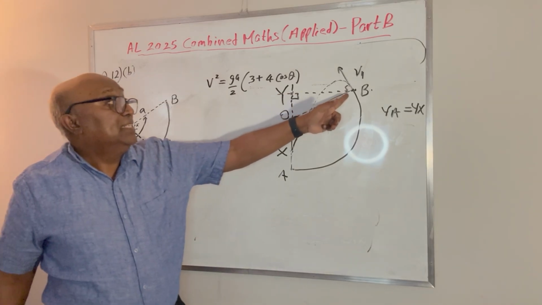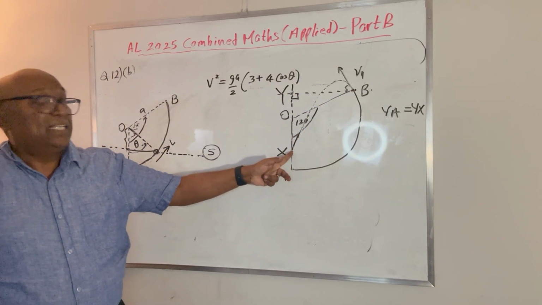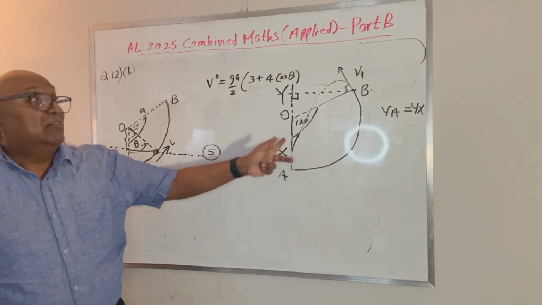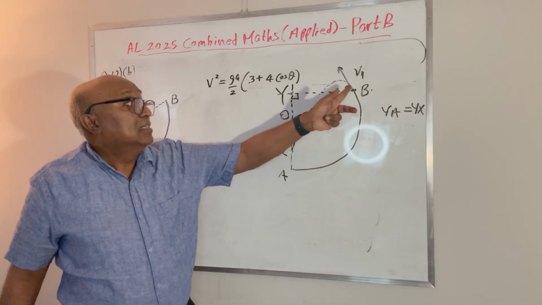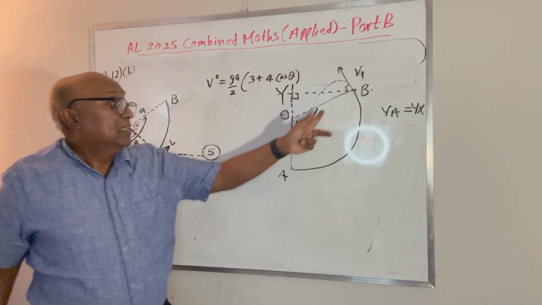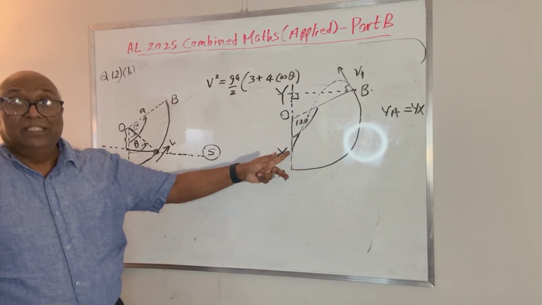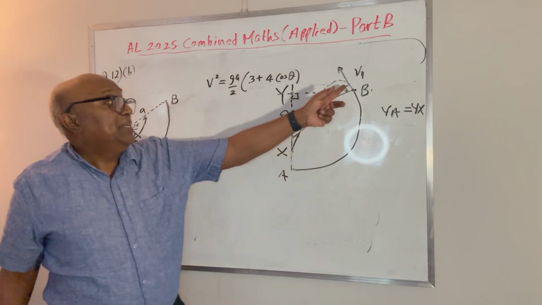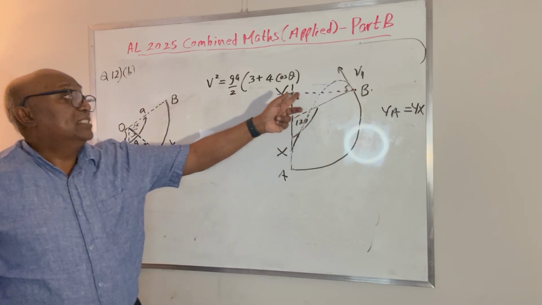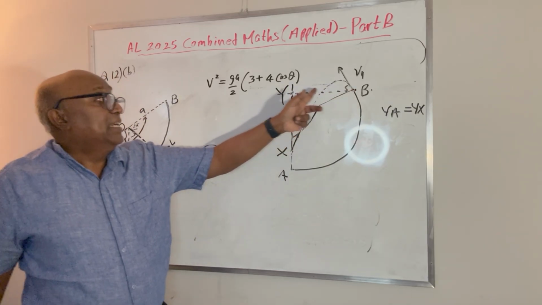That is the vertical distance between B and X, otherwise the vertical distance between the first point and last point of the trajectory. What is BY? The horizontal distance between the first point and last point.